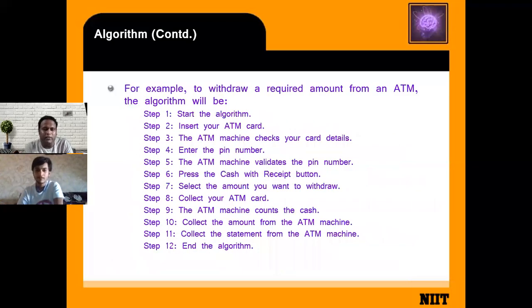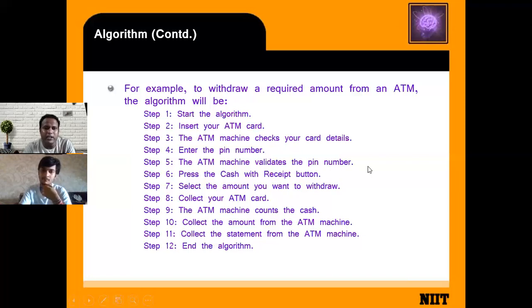If you see this algorithm, there are different steps. What is your problem? To withdraw a required amount from an ATM. First, start the algorithm; start and end are used to define the starting and ending point of your algorithm. The first step: insert your ATM card. The ATM machine checks your card details. Then enter the PIN number.